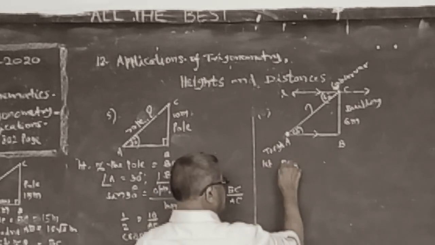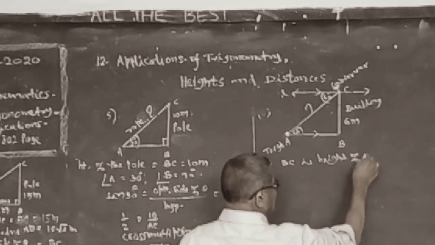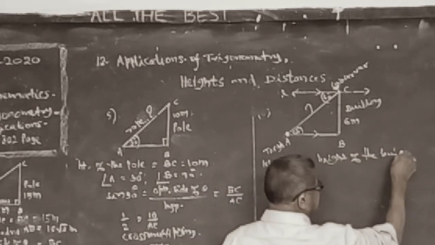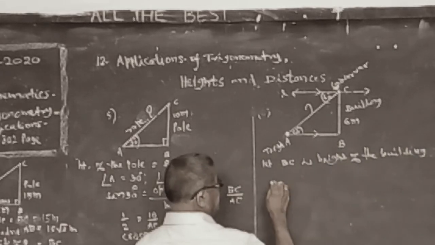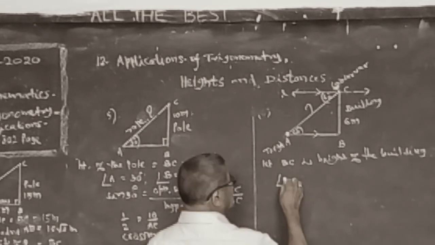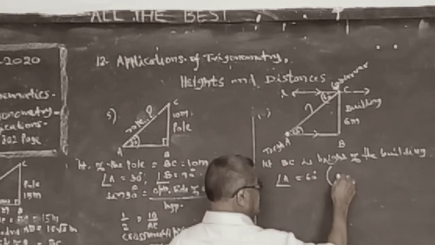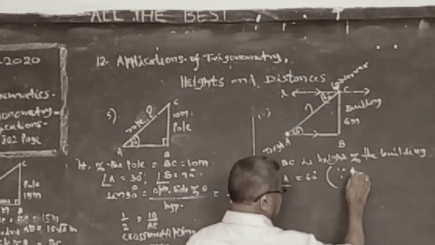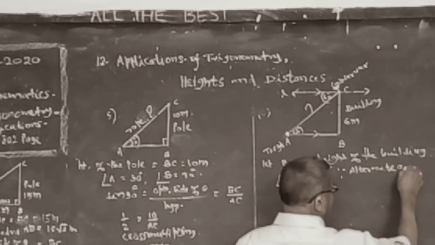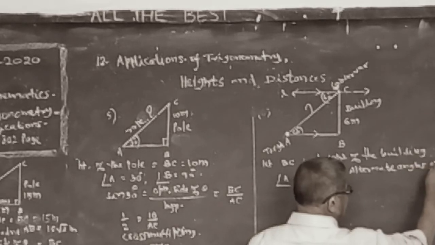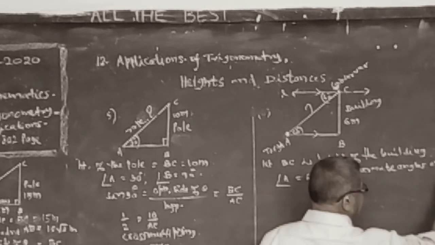Let BC be the height of the building. Angle A is 60 degrees, since alternate angles are equal.